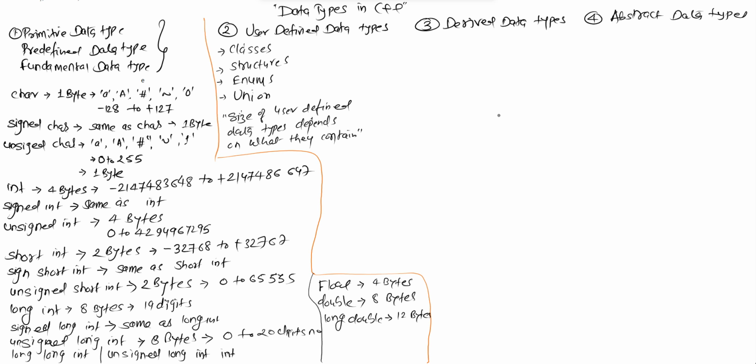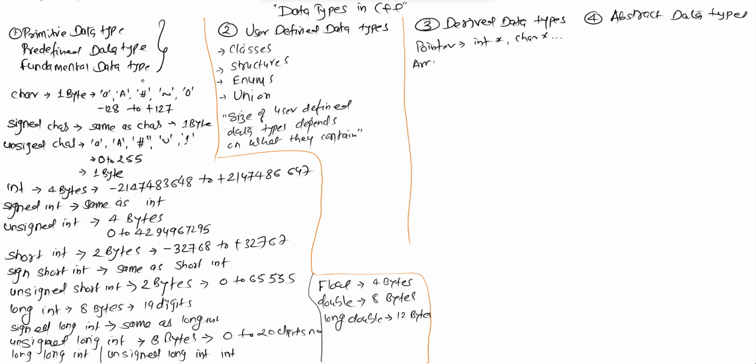Now derived data types. Derived data types means the data types which are derived from existing data types. So for example, we have pointers in C++. A pointer can be integer type pointer, character type pointer, float type pointer, etc. It can be any type of pointer.